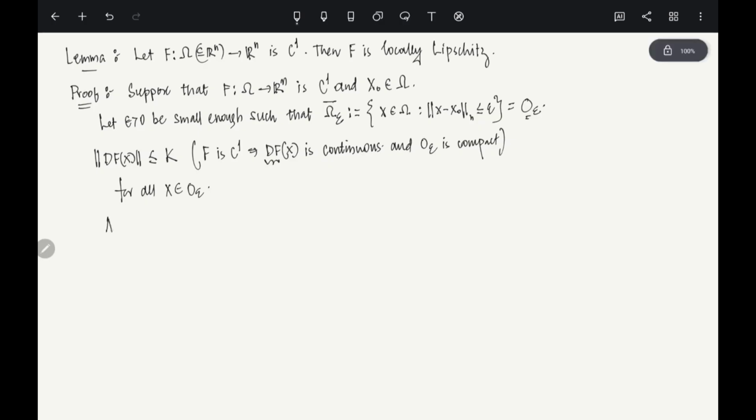Also you note that since this is a closed set, O epsilon is also convex, very, very important.